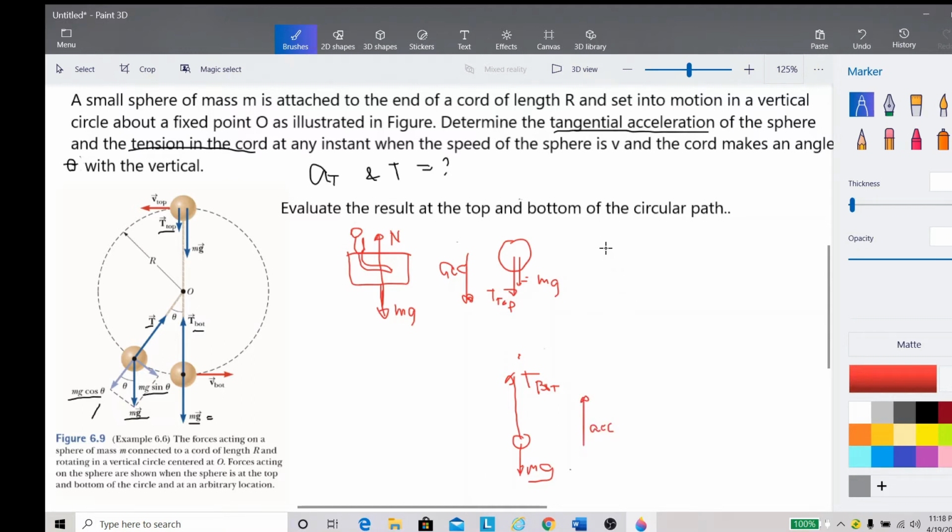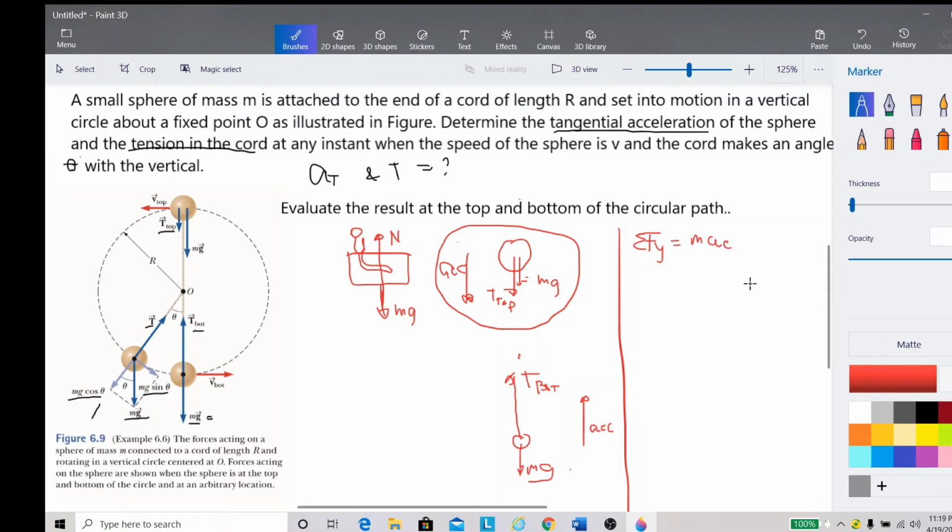So let us apply Newton's law of motion in this case. So we say, for example, dito muna tayo mag-concentrate sa tension at the top. Dito muna, no? Summation of forces at y is equal to MA.